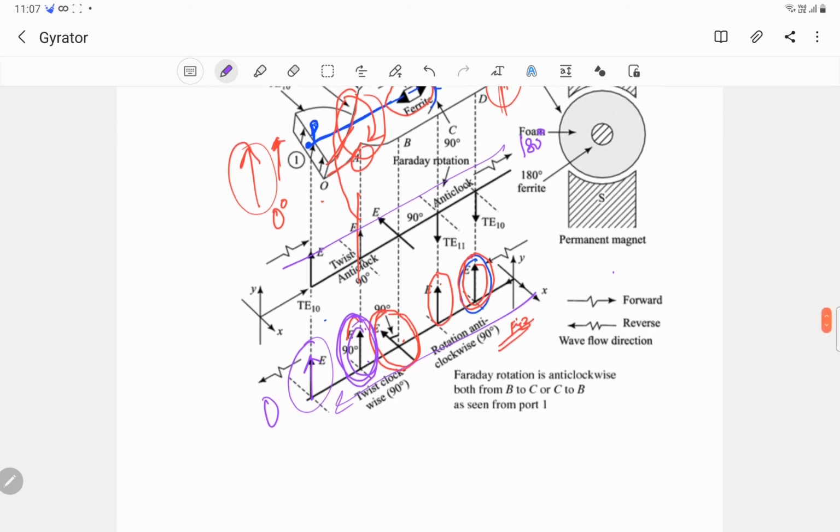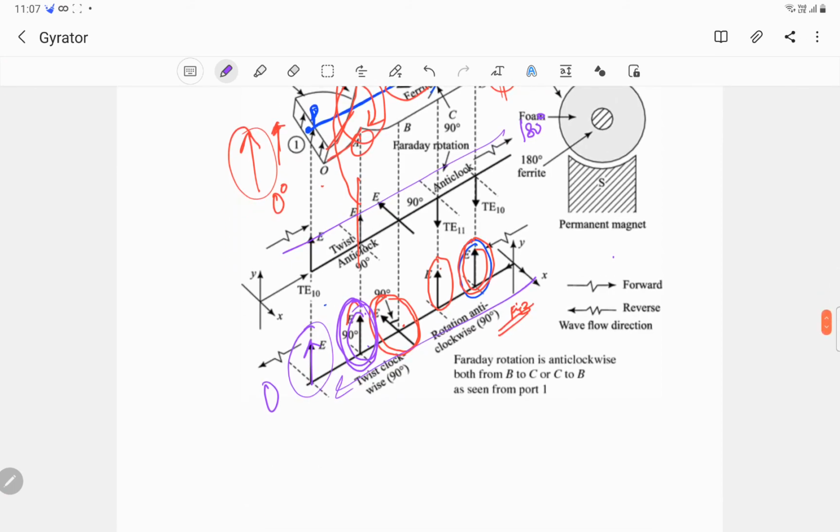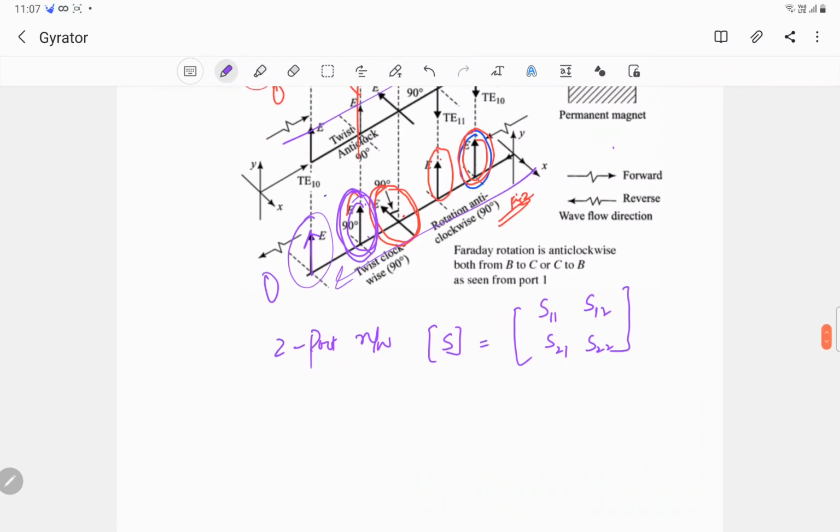And lastly, I can tell you the S matrix of a gyrator, since it is a two-port network. The S matrix of this gyrator is 2 cross 2: S11, S12, S21, S22. Assuming that the ports are matched, S11 is 0 and S22 is 0.